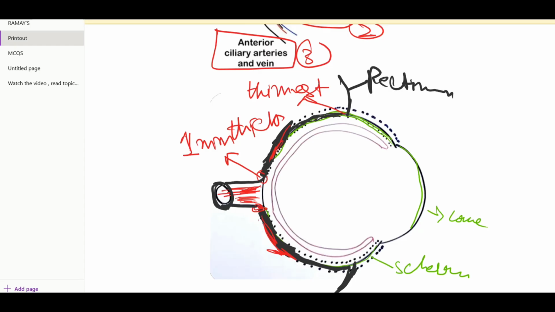Look here, the sclera is coming and is thickened here, and most of the sclera moves backward, but some of the sclera is continuous with the counterpart here.